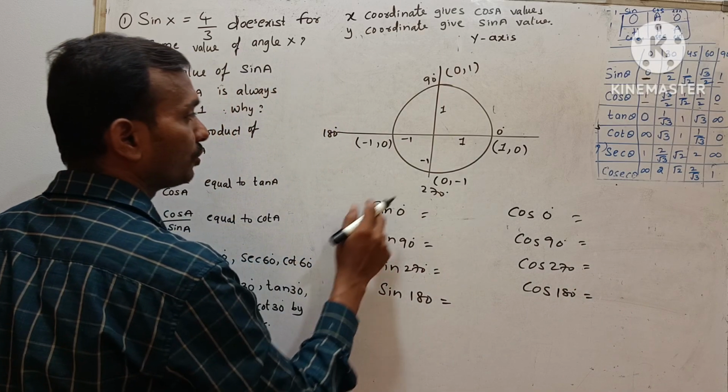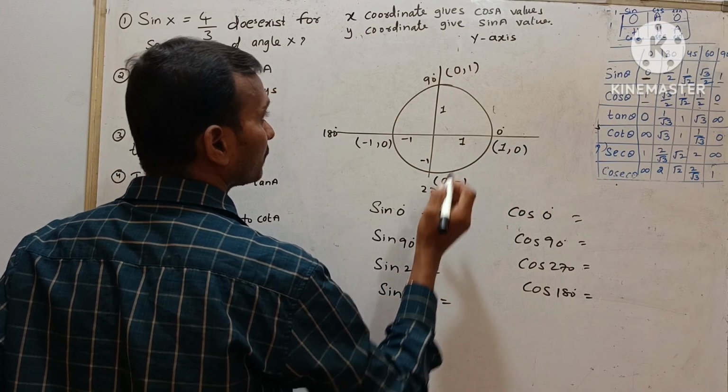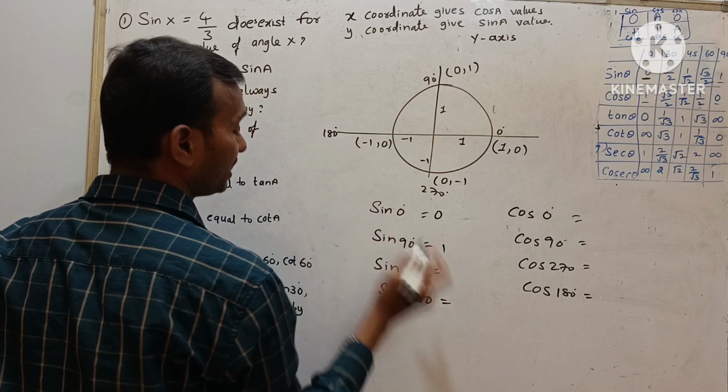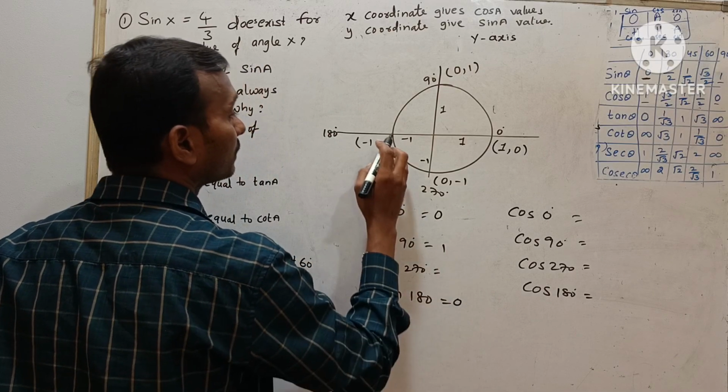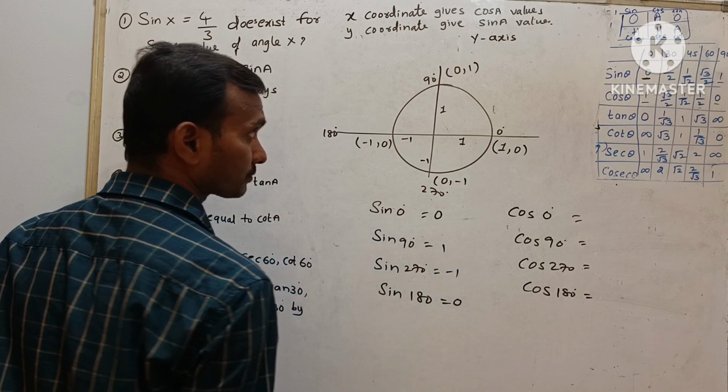So now you see sine 0 means y coordinate, that's 0. Sine 90 means 1. Sine 180 means 0. Sine 270 means minus 1.